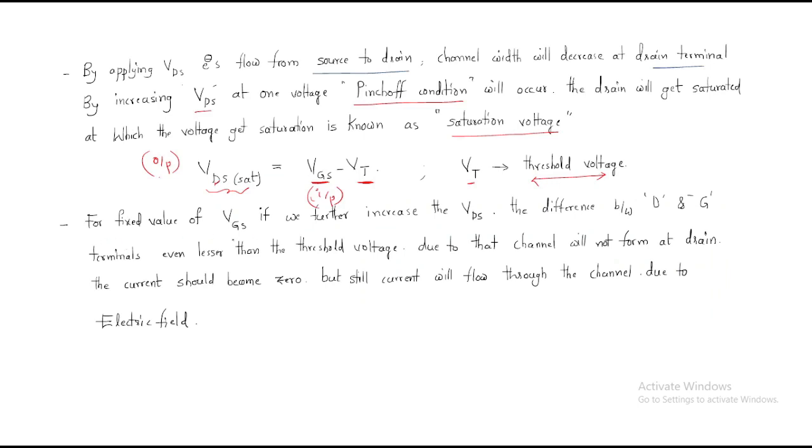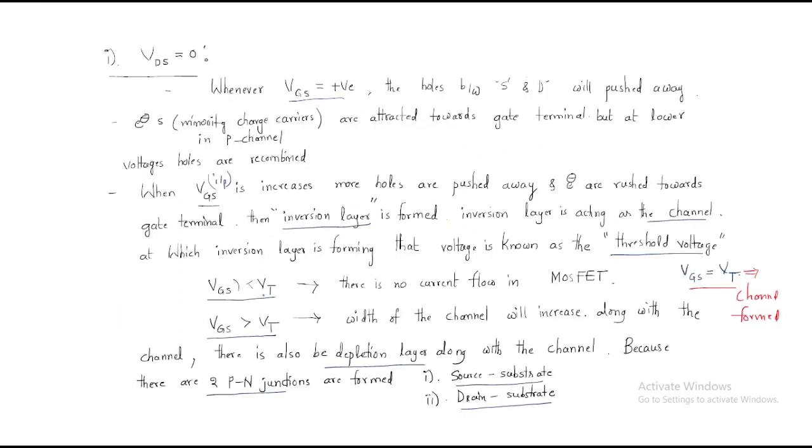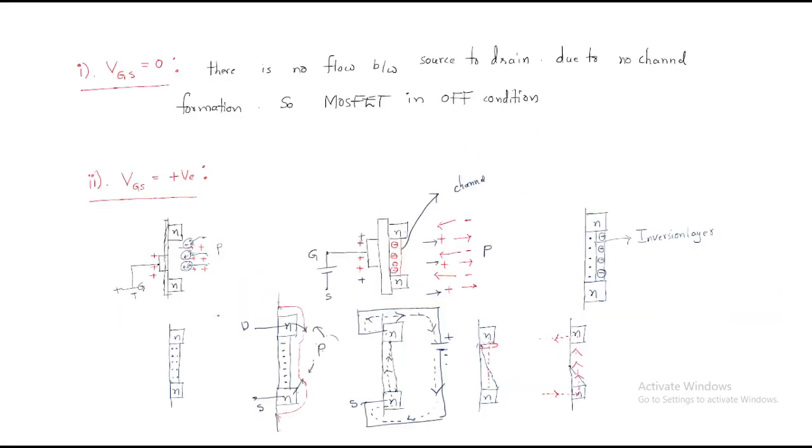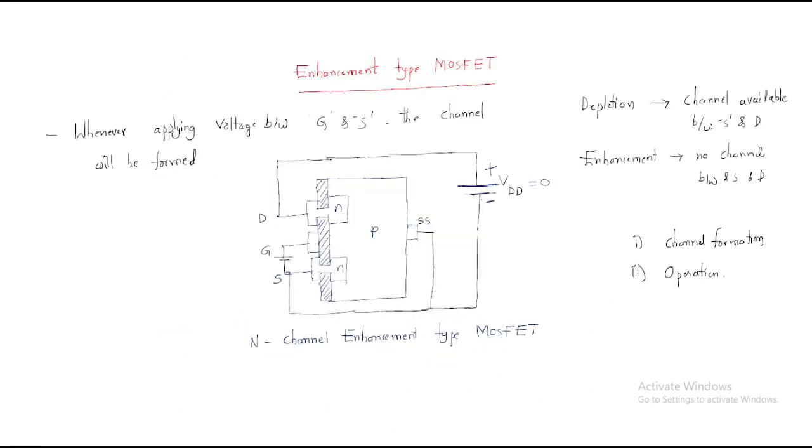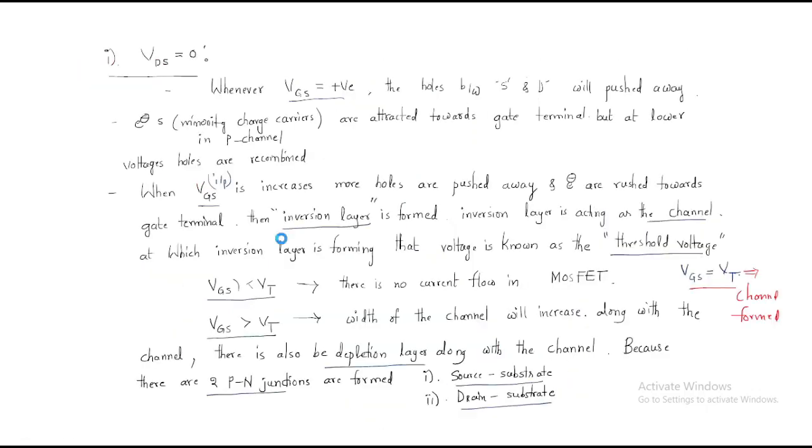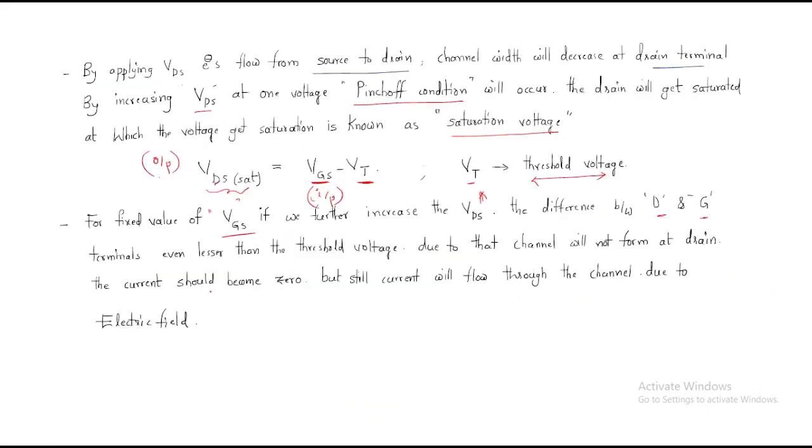For a fixed value of VGS, if we further increase the VDS, we are fixing the VGS and still increasing the VDS. The difference between the drain and gate terminals, these two terminals' difference, becomes even lesser than the threshold voltage.